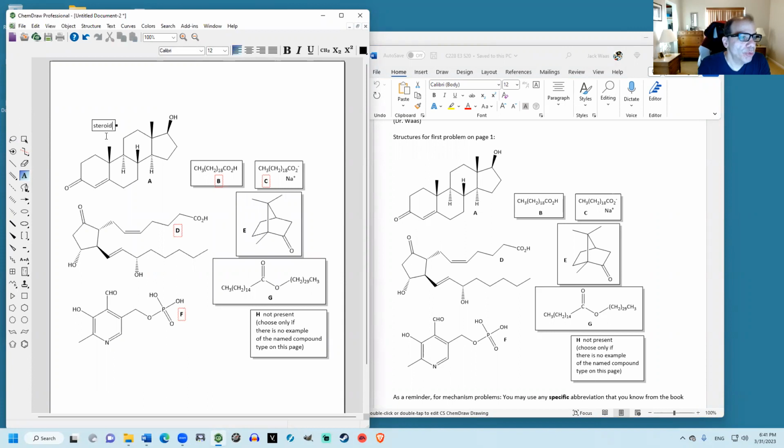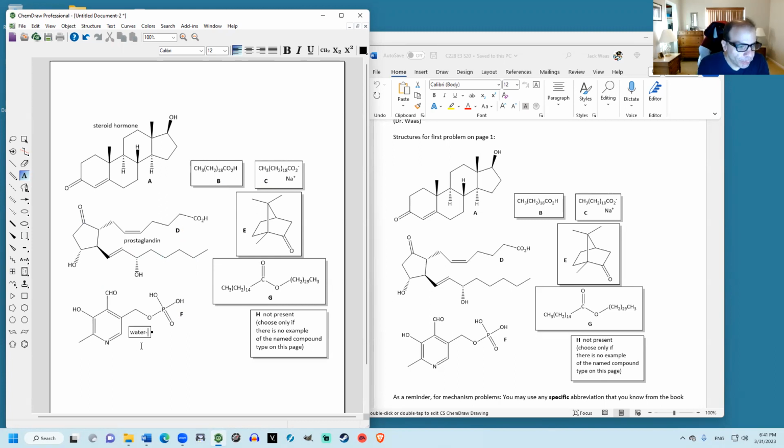This is a steroid hormone, not a bile salt. This is the prostaglandin, and the way you know is that it looks kind of like a fatty acid, except there's a 5-membered ring in the middle of it. All prostaglandins seem to have a 5-membered ring. I don't know why. But a prostaglandin looks like a fatty acid with a 5-membered ring in the middle, and that's what makes it a prostaglandin.